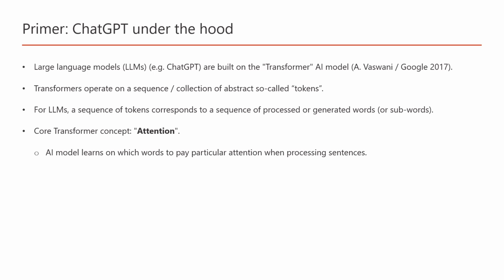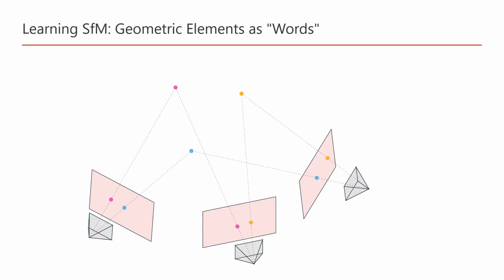But it can also be very abstract entities. It can be parts of images, and the transformer architecture is very flexible in this way. So it can be used for many things and has been applied for many things. And this is the one that we want to try to apply for structure from motion.